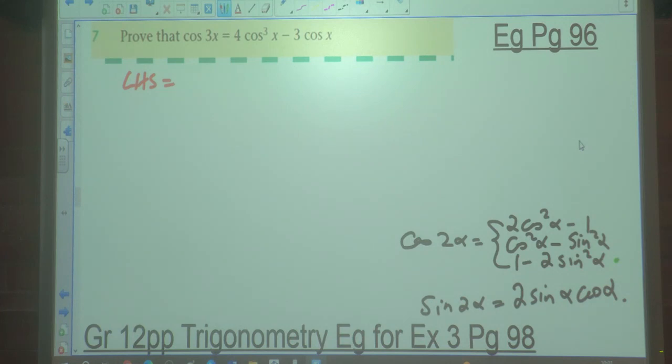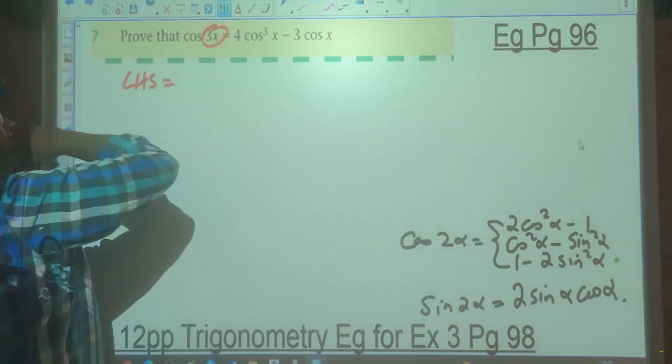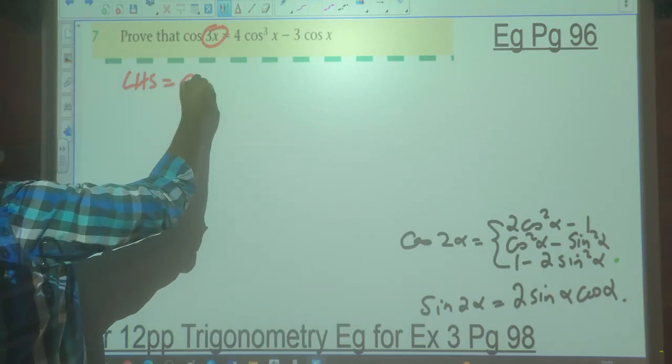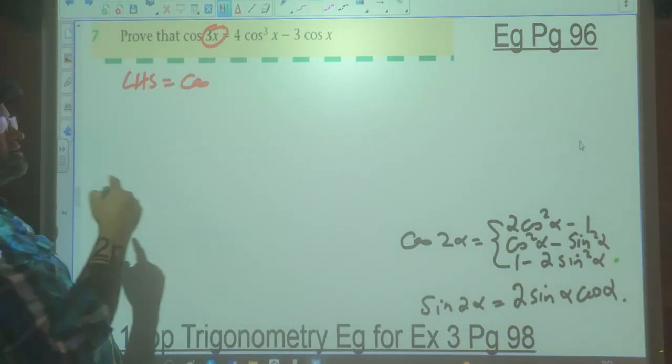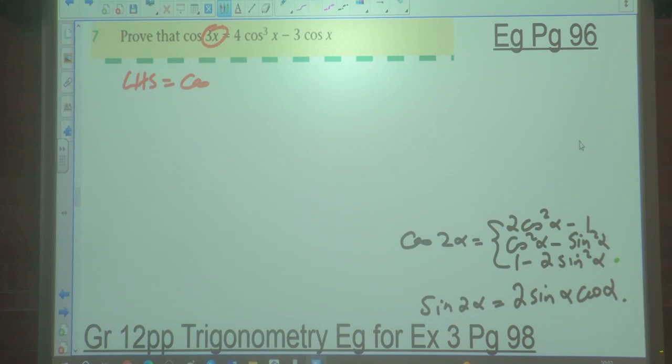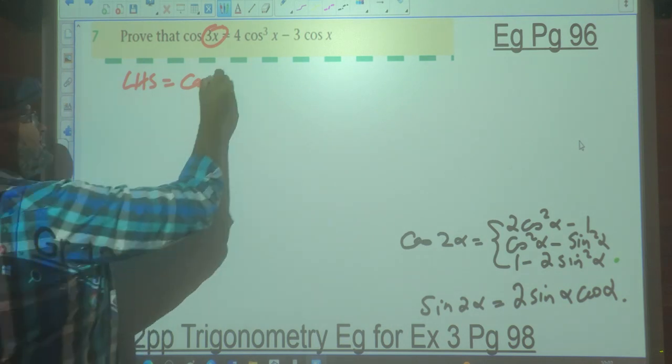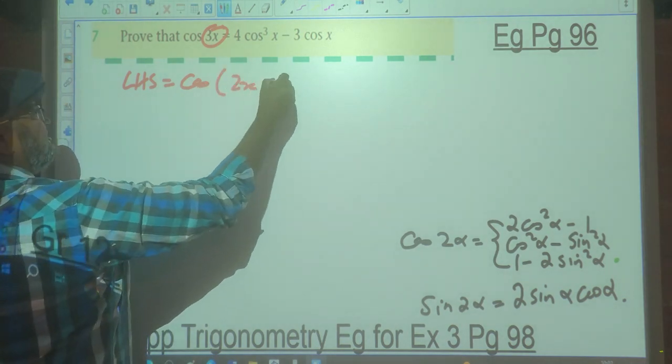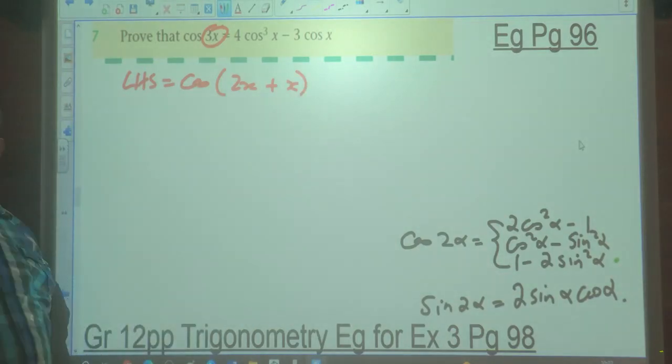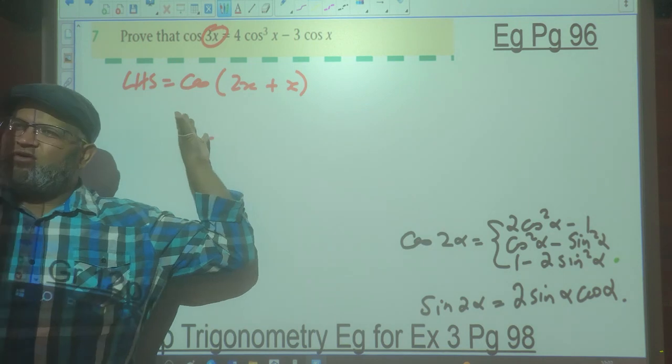Okay. So, cos of 2x can be written as what? Oh, sorry, I'm giving you the answer. Cos 3x can be written as cos 2x plus, what is 2x plus x? 3x. So, what do we see now?